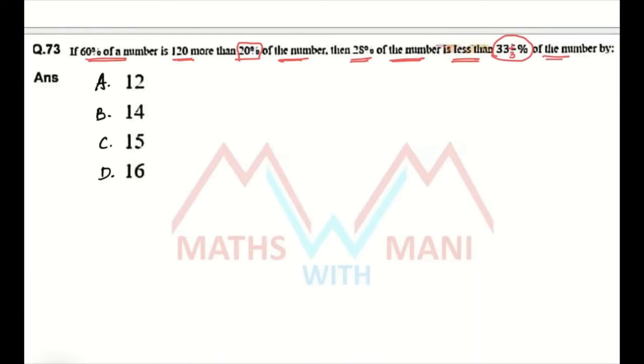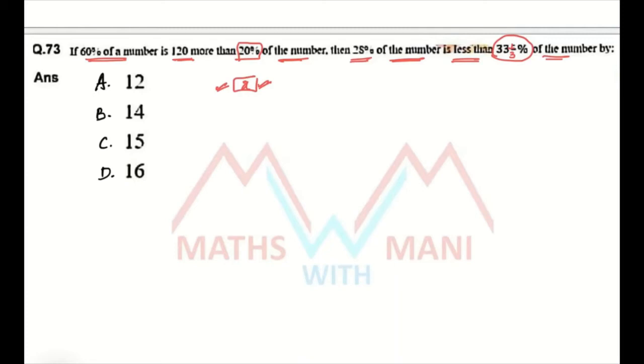It is very easy. Suppose the number is x. 60% of this number x is 120 more than 20% of x. Then 28% of the number is less than 33 1 by 3% of the number by how much?